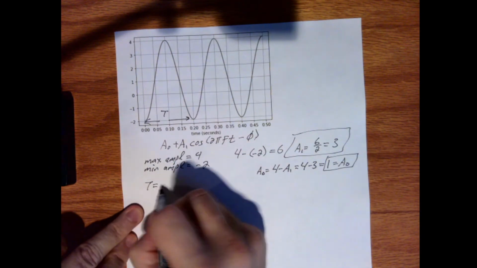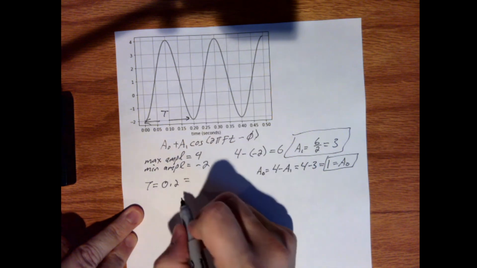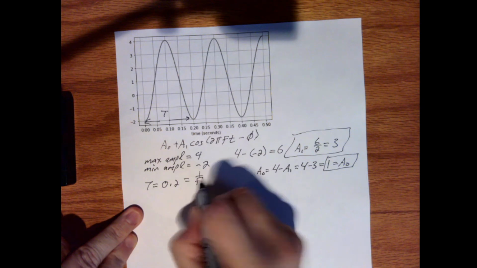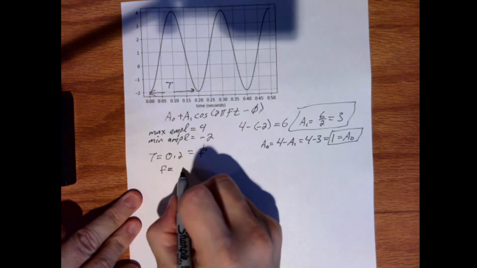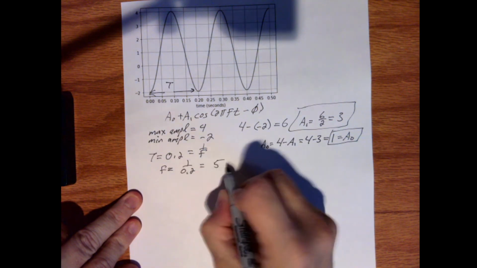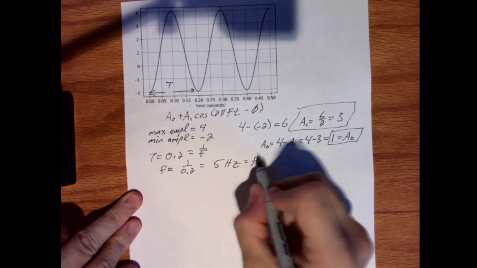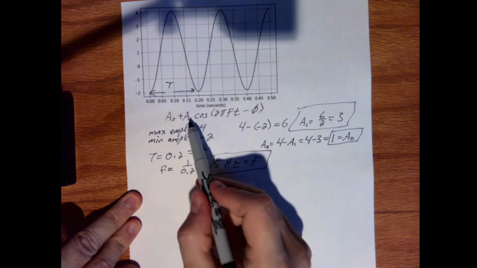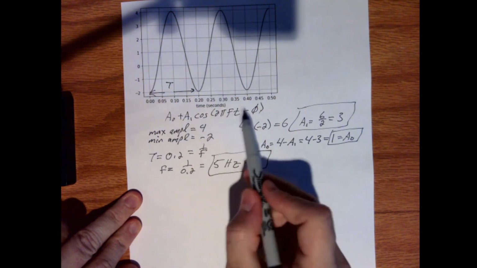So T is equal to 0.2. And remember, T is the inverse of the frequency. So now I can rewrite this to get F is equal to 1 divided by 0.2, which is 5. And that's in hertz. So we've got that, got F. Of course, t is whatever time value you put in, so we're not solving for that.